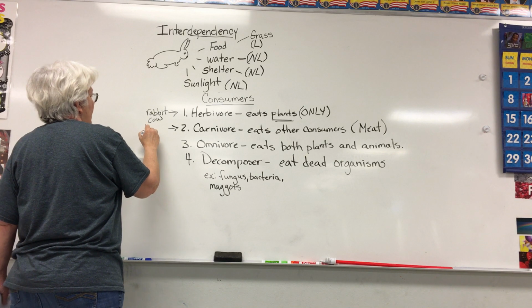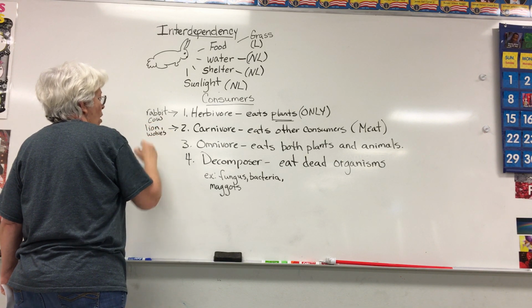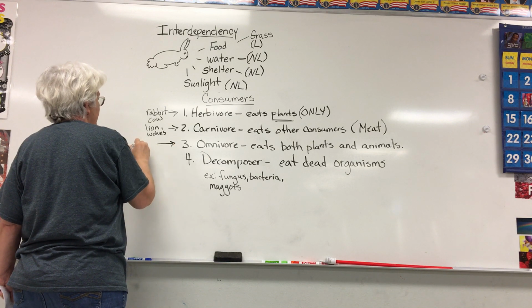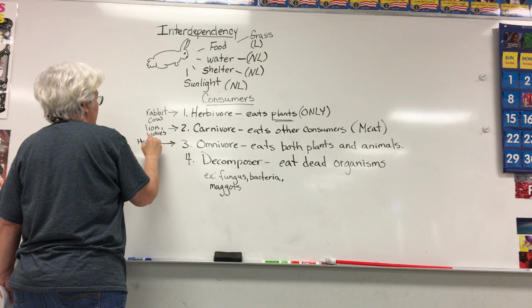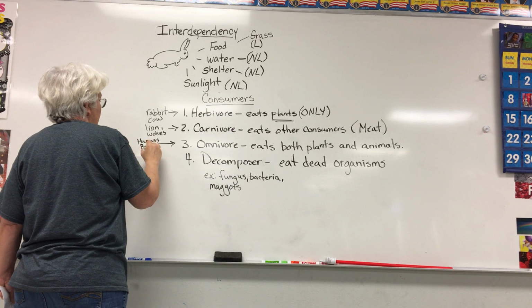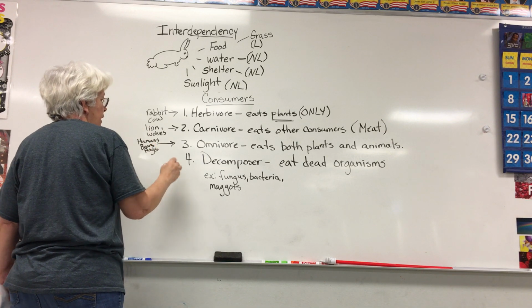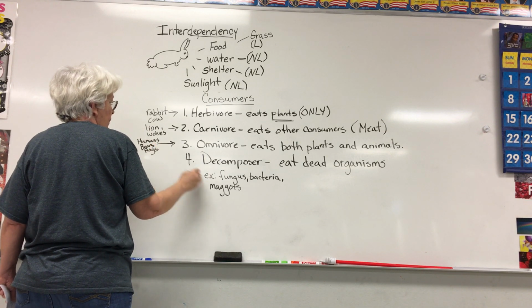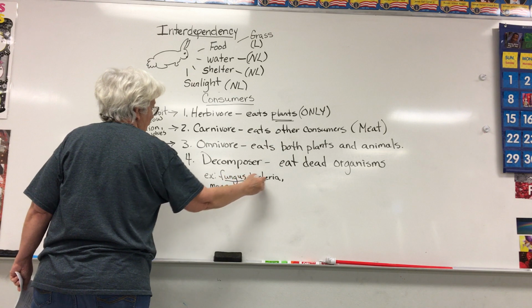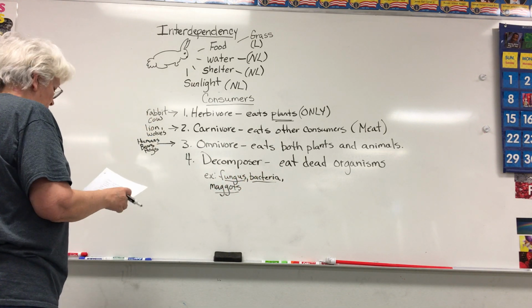Carnivores: lions, wolves, sharks. Omnivores: humans, bears, hogs. Those are omnivores. Decomposers, already giving you a couple: fungus, bacteria, maggots. Those are the things that eat dead things.